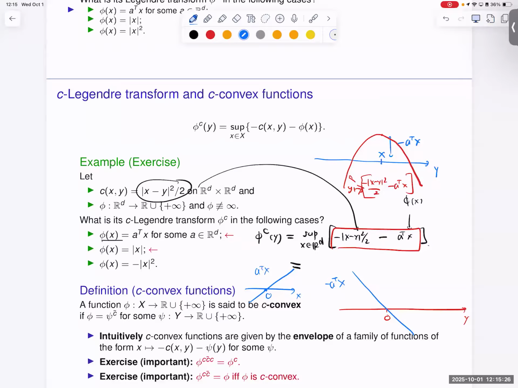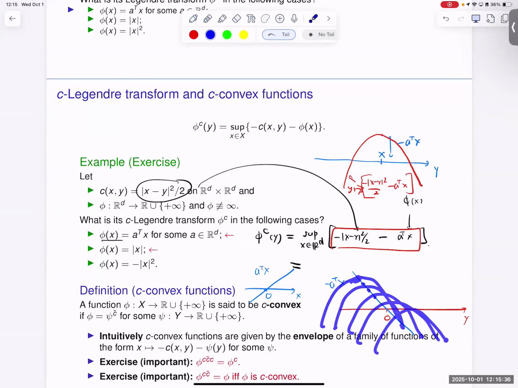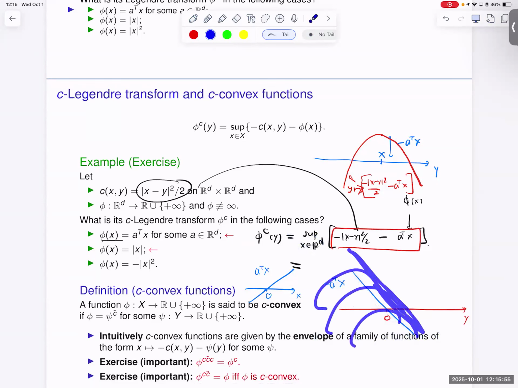And then you have these shapes having their vertex point along this line. You have this shape, this shape, this shape, right? And then you take the supremum, and all these shapes are the same. So it's like one paraboloid sliding along this line. Then the resulting supremum will be just something like this.